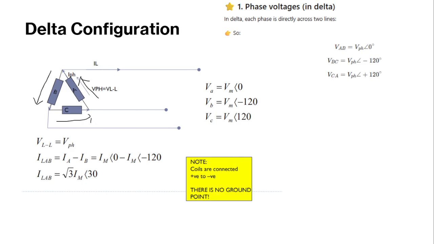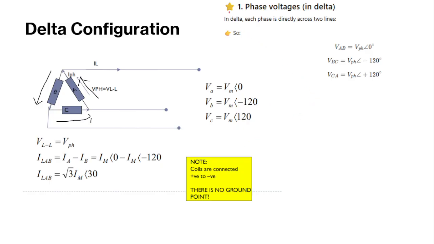Right, delta configuration. So the delta is basically kind of like the opposite of a star, but everything it did for the voltage part, you're just going to do for the current part, and the voltage part will be the same thing as the current part for the star. You basically just swap it.